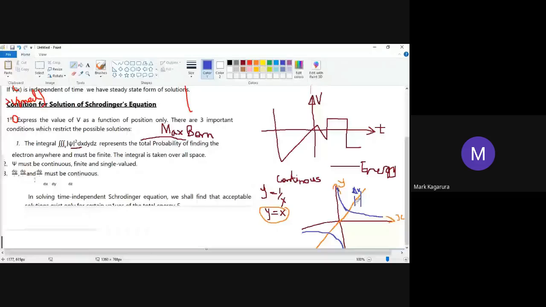Within this delta x, or within a certain range, the integral must be continuous. Now it can be piecewise continuous, something like that. So actually this function has a certain value at x is equal to 1 and x is equal to 2. So this function is piecewise continuous.